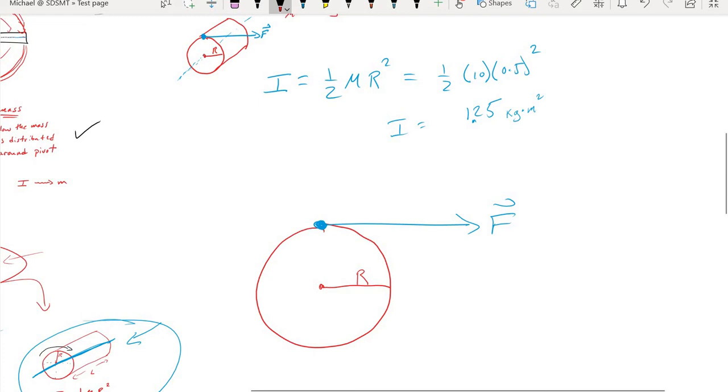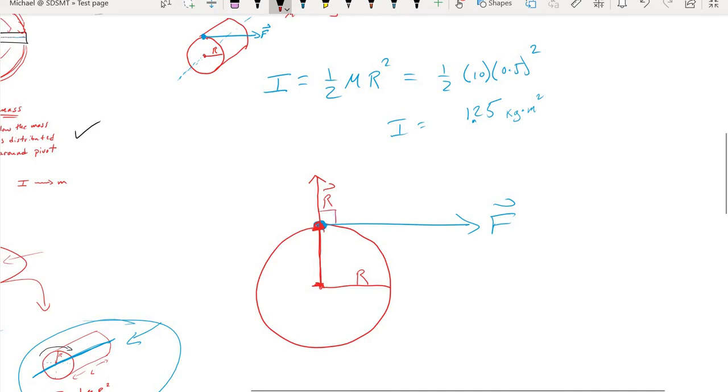Great thing about the radial vector is that it always points radially out. So I'll start at the center and I'll draw a line that goes right through that placement of the force. And there's the direction of the radial vector. The magnitude of the radial vector is just the radius value, 0.5.